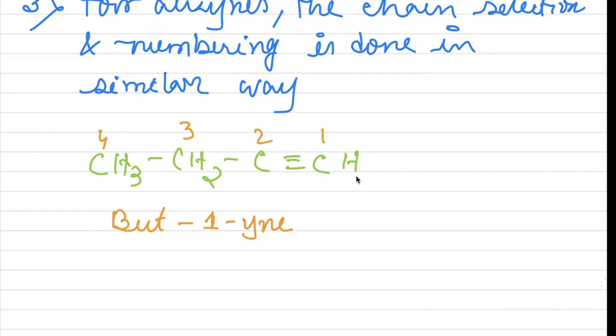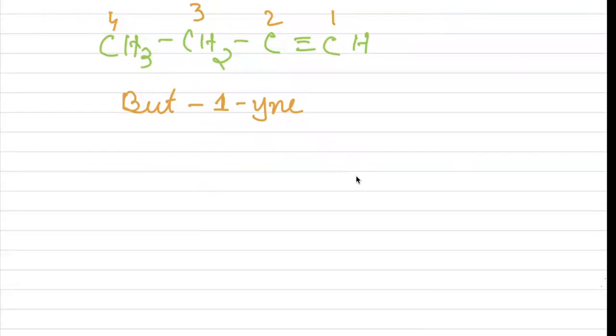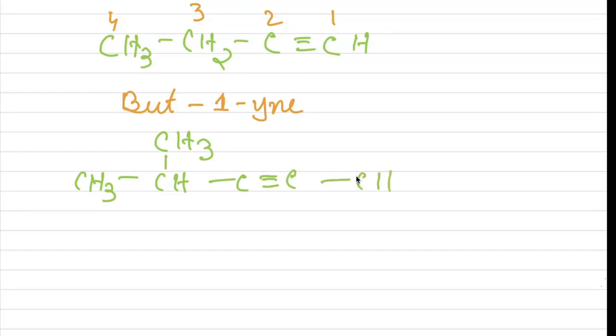Okay, let's take one more example. CH3, CH, CH3, this one. So numbering obviously will start from here, 1, 2, 3, 4, 5.